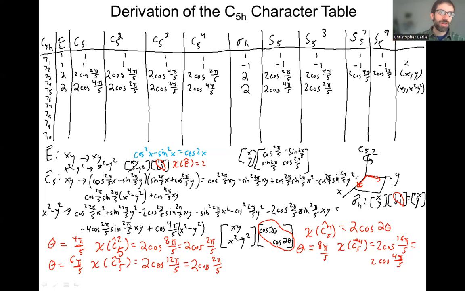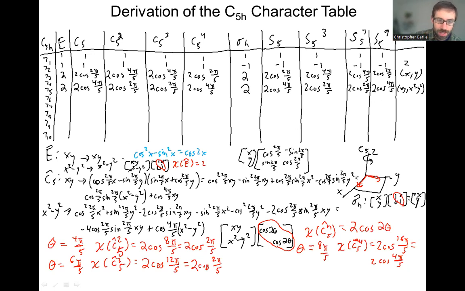So we only have 2 C5s left, so it's really the same as a C5 2. So it's 2 cosine 2 pi over 5. And you can see these patterns. Anytime you had a 4 pi over 5 up here, you get a 2 pi over 5 down here. And then S5 9, for similar reasons, ends up being the same as a C5 4. So if that matches the patterns as well, you're going to get 2 cosine 4 pi over 5.